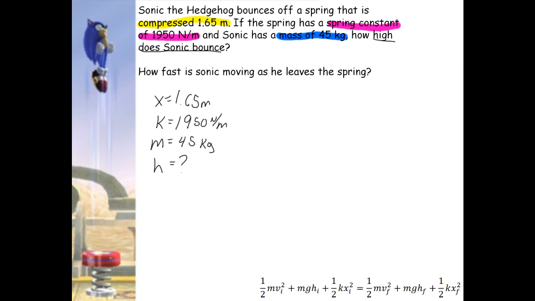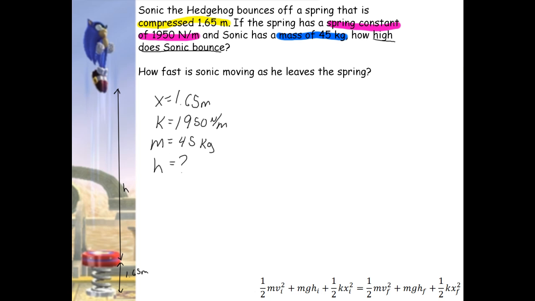If I were to draw these on my picture down here, this location would be his compressed location, so that's 1.65 meters, or his compression distance, and then this distance would be his height. And so that's h, and we want to know what h is.